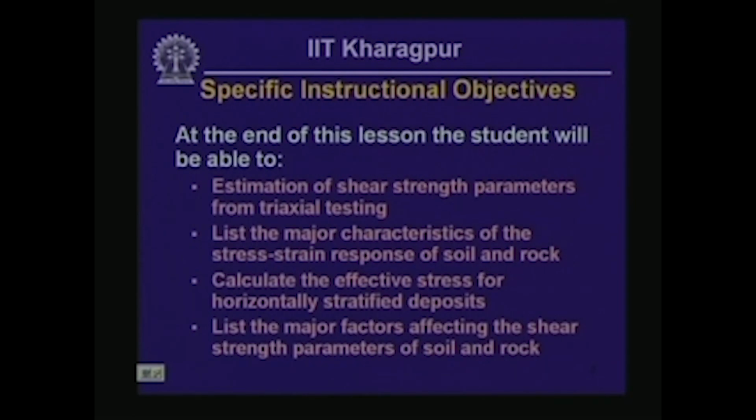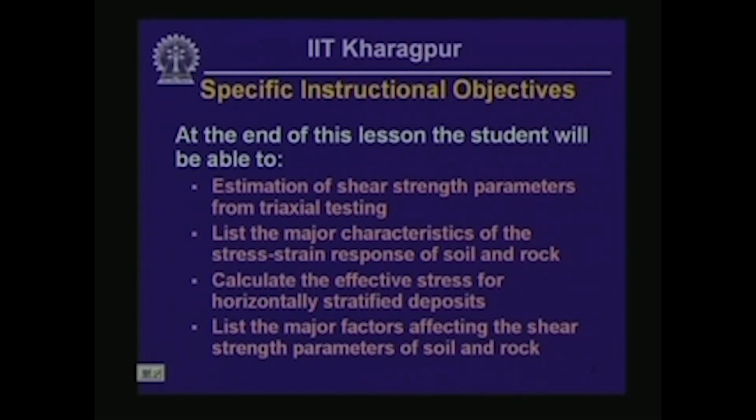Now the objectives of this lesson are that at the end of this lesson, we should be able to estimate the shear strength parameters from triaxial testing. Then we should be able to list the major characteristics of stress strain response of soil and rock.